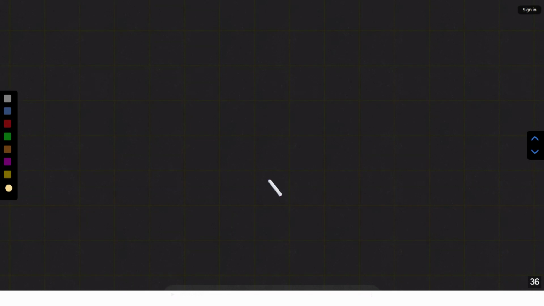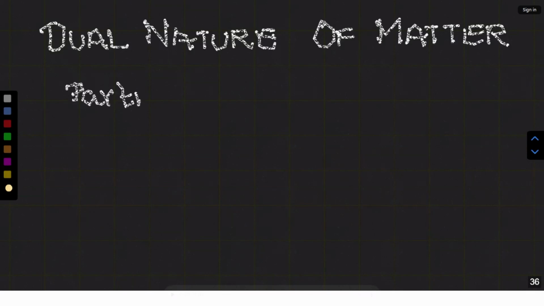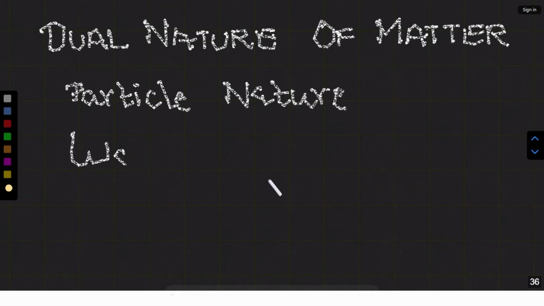When we talk about the dual nature of matter, it basically states that matter exhibits both particle nature and wave nature.